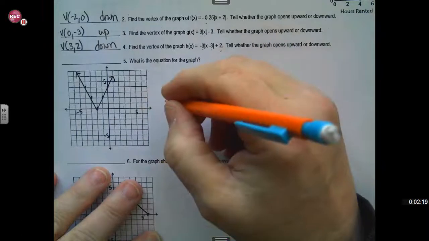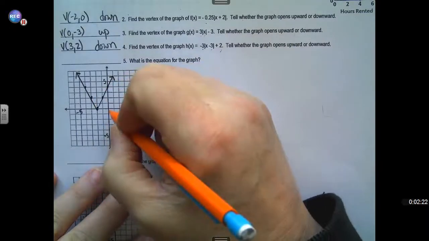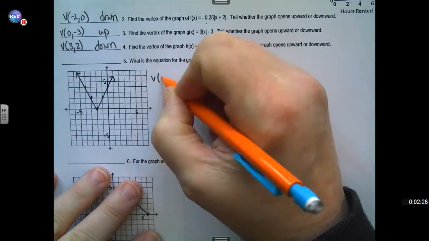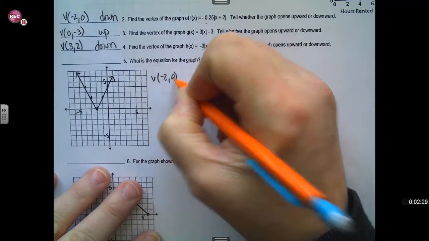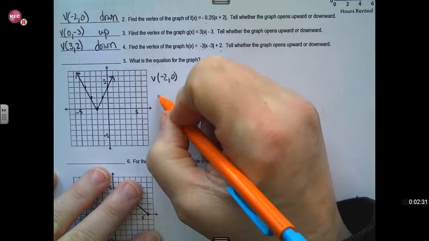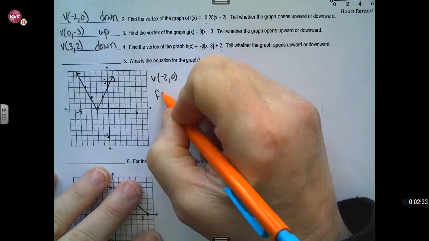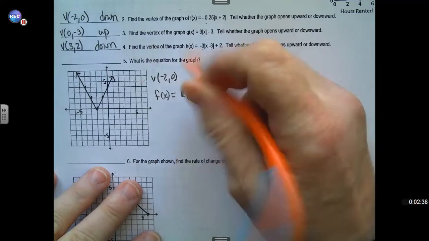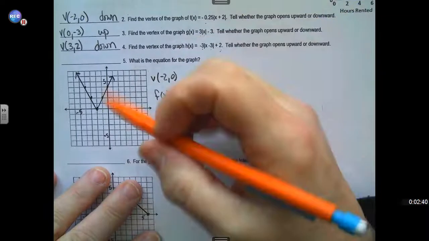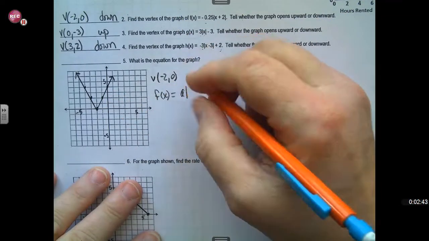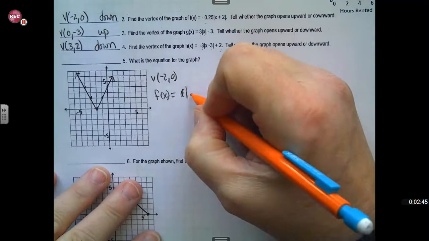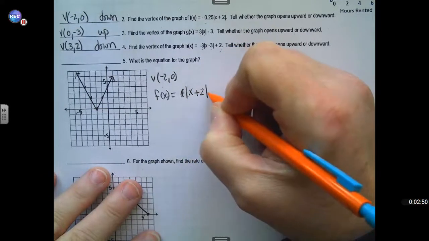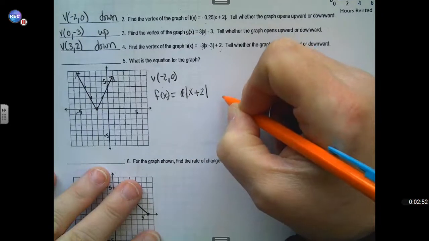So the vertex of this absolute value is at -2, 0, and so f of x equals a times the absolute value of x plus 2, and then there'll be nothing out here to go with the rest of it.